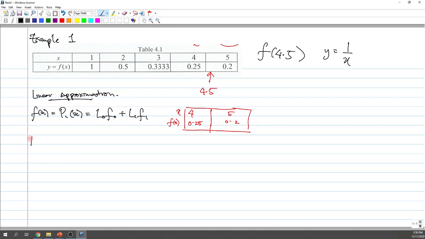So P1(4.5) is equal to, remember the formula, and the value of x that we want to look for is 4.5.